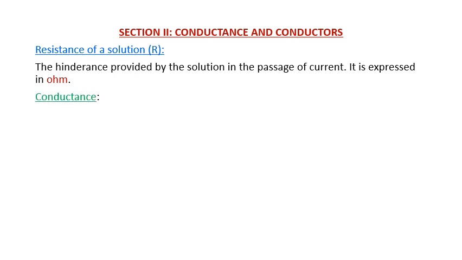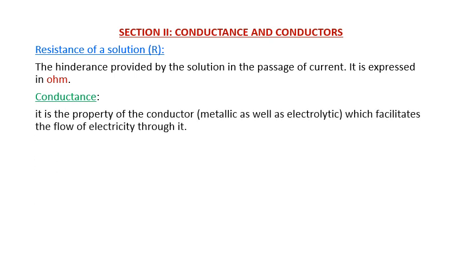Conductance. We have discussed resistance, just the definition. Now see the definition of conductance. It is the property of the conductor, metallic as well as electrolytic. The two types of conductors, and the differences between metallic and electrolytic conductors, were discussed earlier.